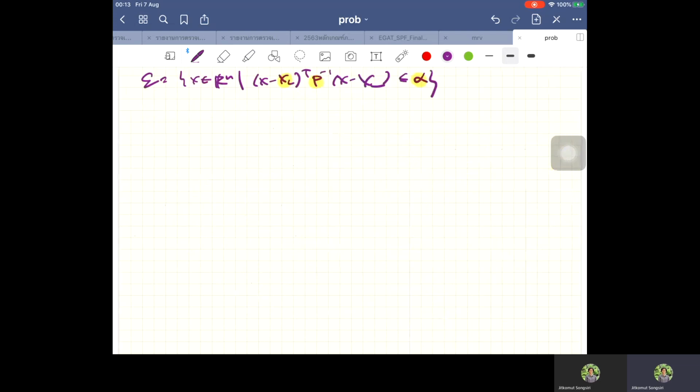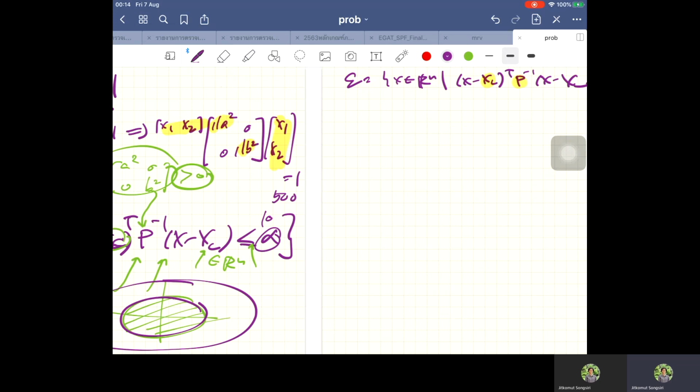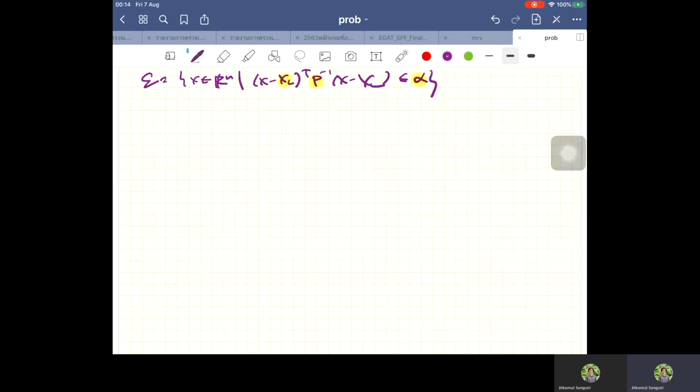Now, in this video, I would like to give the basic steps of how you can sketch an ellipsoid in Rn, and we're going to see its application. We use the ellipsoid a lot because the parameterization of an ellipsoid is basically a quadratic form, a quadratic function in x, and the quadratic form in x has a lot of applications in engineering.